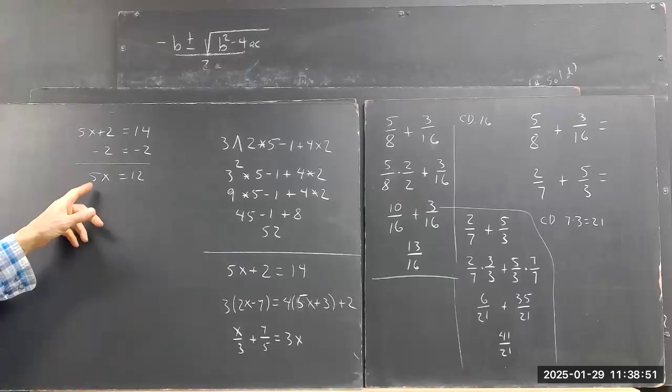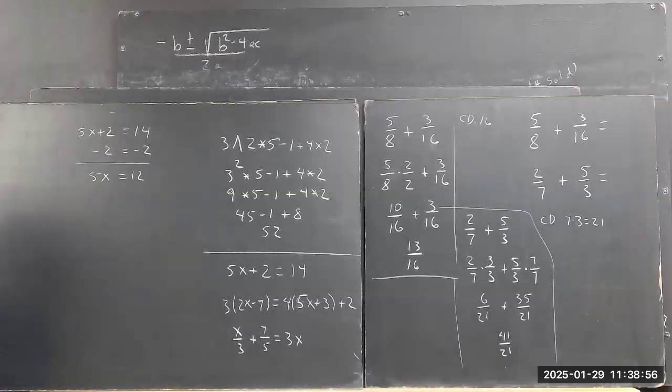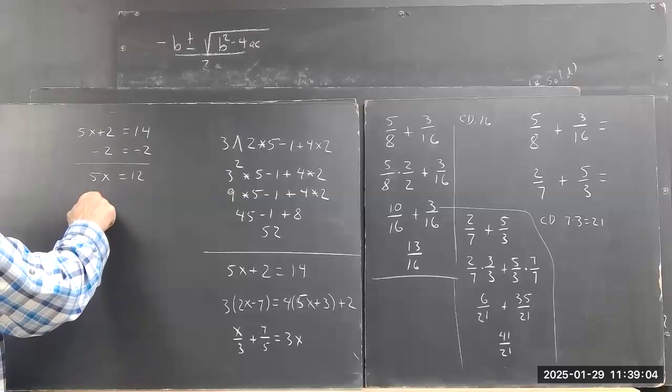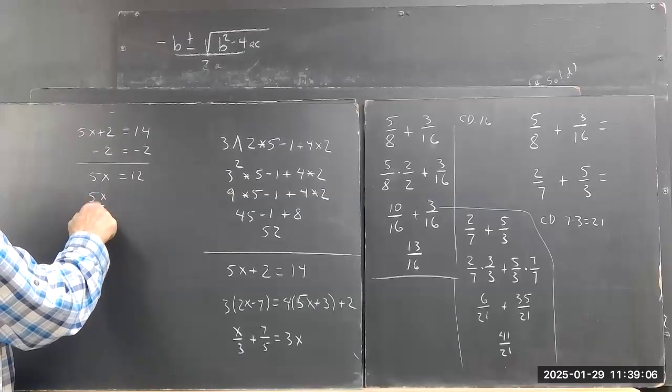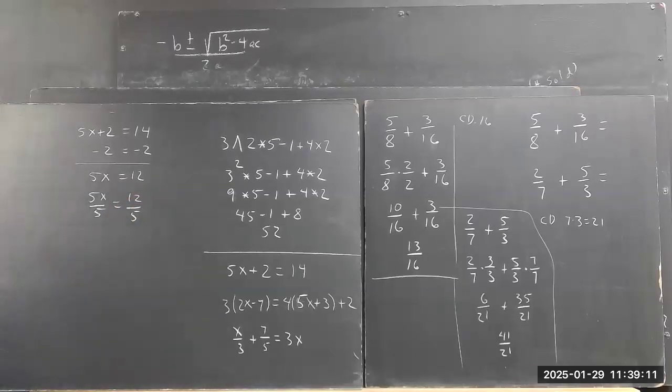Okay. Now we got 5x equals 12, and we want to find x. This means we're going to have to divide both sides by 5. Because that's how we can get rid of the 5. If we do this, 5x divided by 5 equals 12 divided by 5.